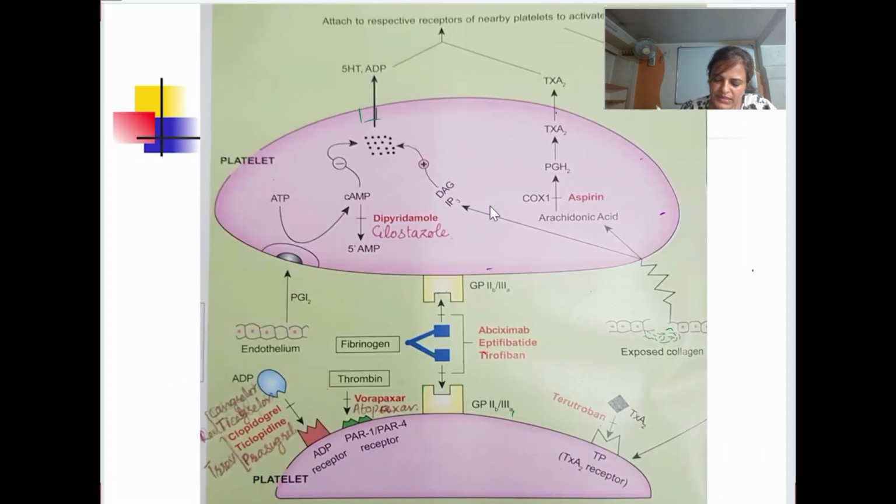So what will happen once this ADP is released? This ADP, along with thrombin, is going to act on the surface of the platelet itself. ADP receptors are there. Here you can see the ADP receptors on the surface of the platelet cell, and these receptors are called P2Y12 type receptors. Now this ADP is going to come and bind with this receptor.